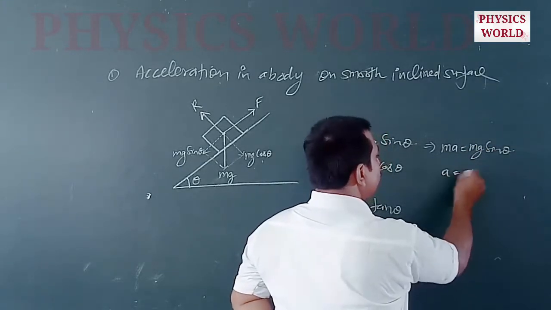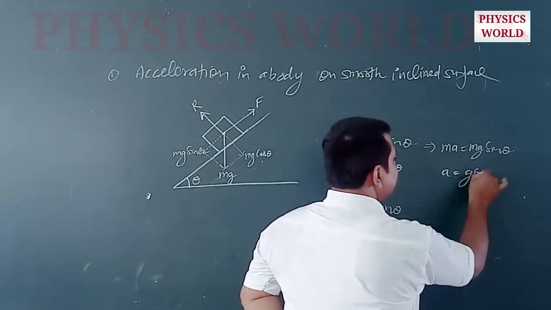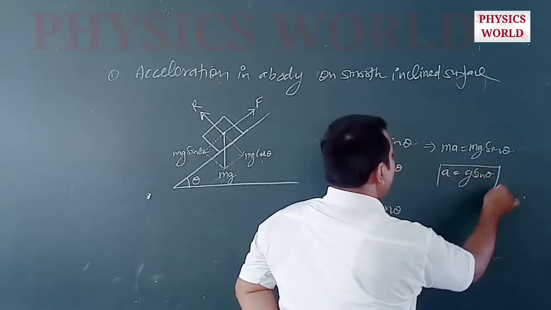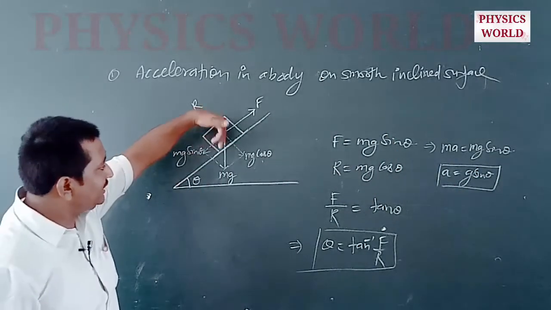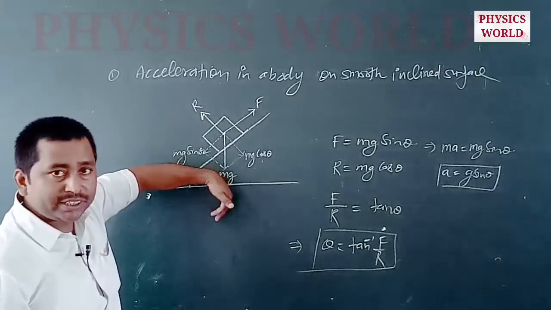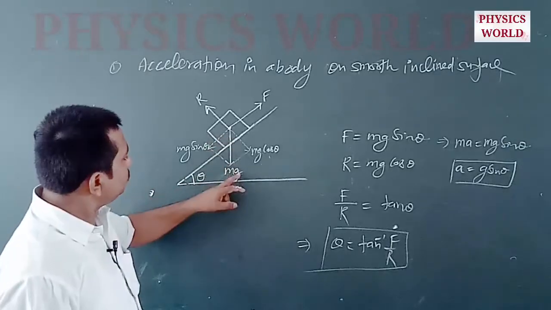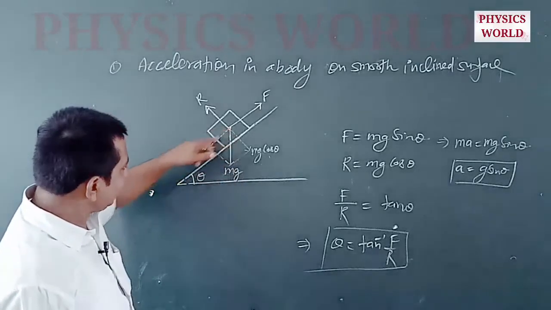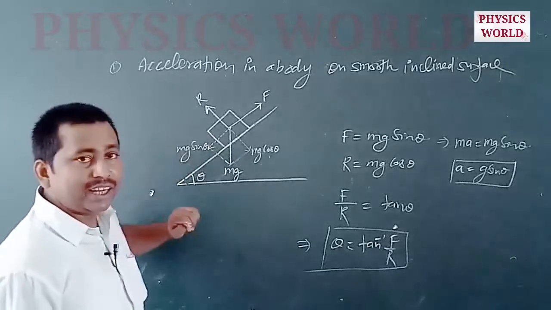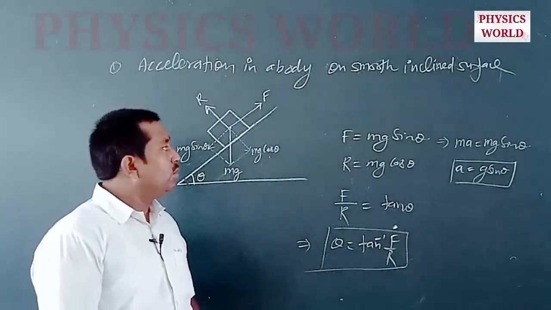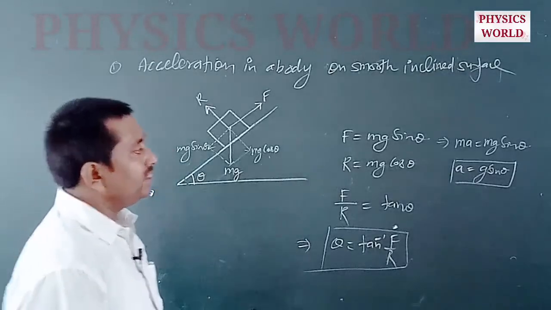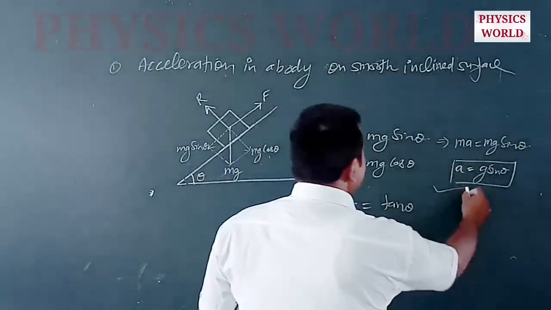So what will be the value of a? We know that g is always acting vertically downward, but the component of this g along the contact surface is g sin theta, which balances the acceleration acting in upward direction. Okay, so this a has a formula, that is g sin theta.